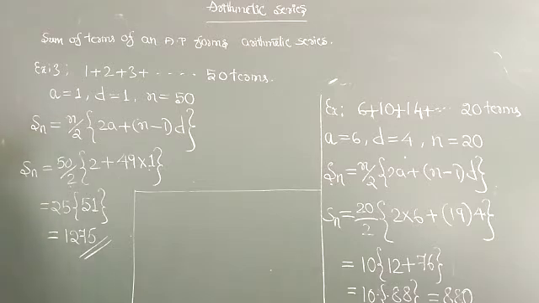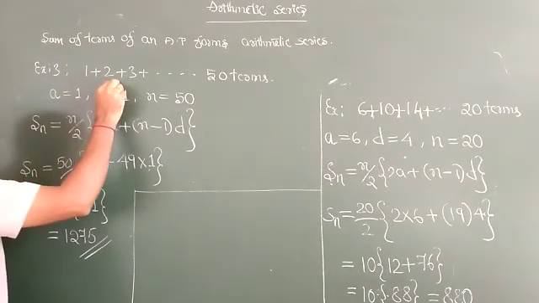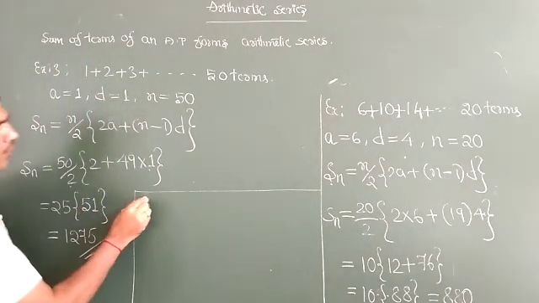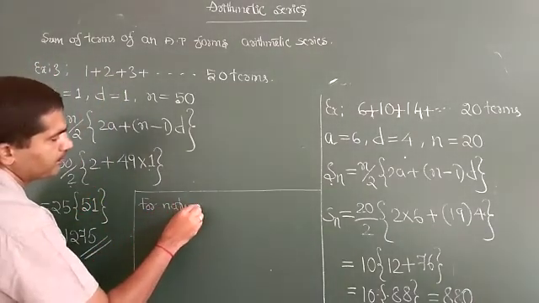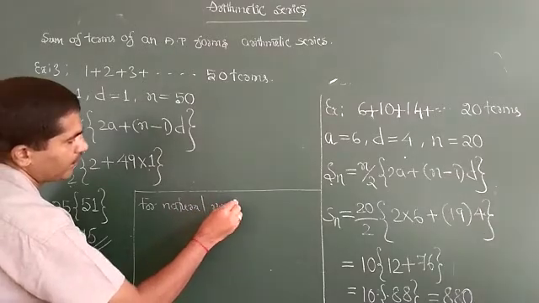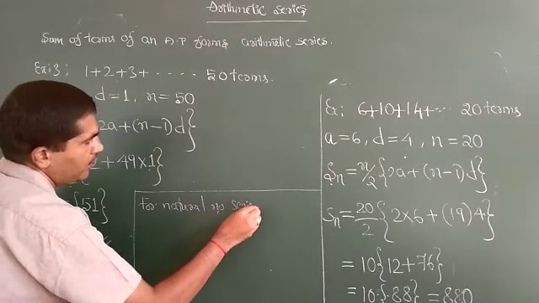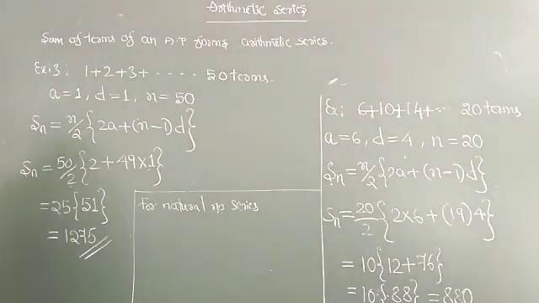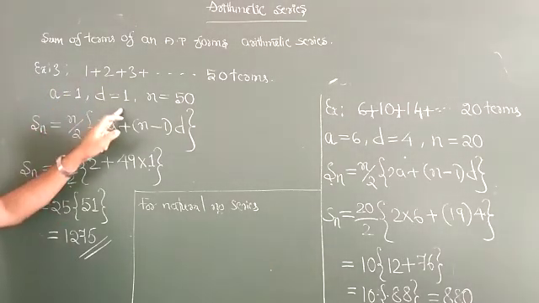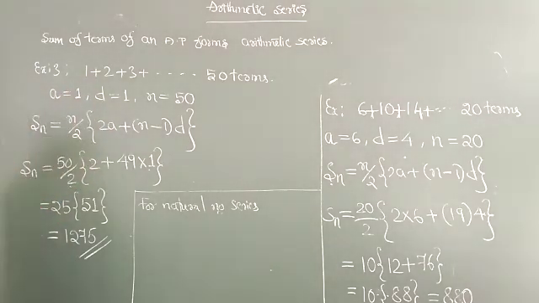Where will this better formula come from? It has not come from somewhere. It is the same formula, let us imagine now. I am trying to find the sum of natural numbers. For a natural number series, I know it will start with 1, a equal to 1 always. Common difference will be 1 always, d equal to 1 always.